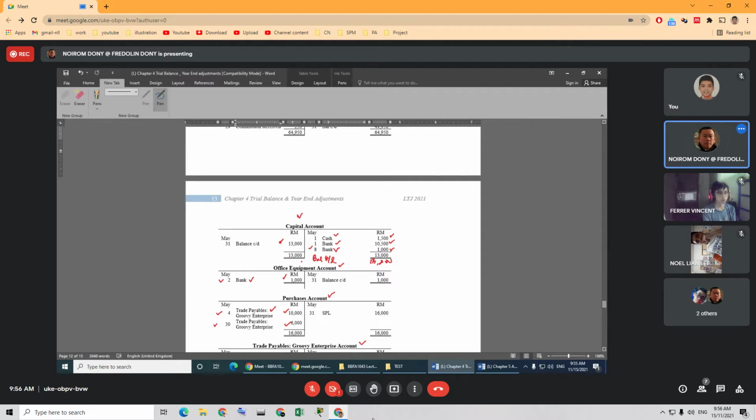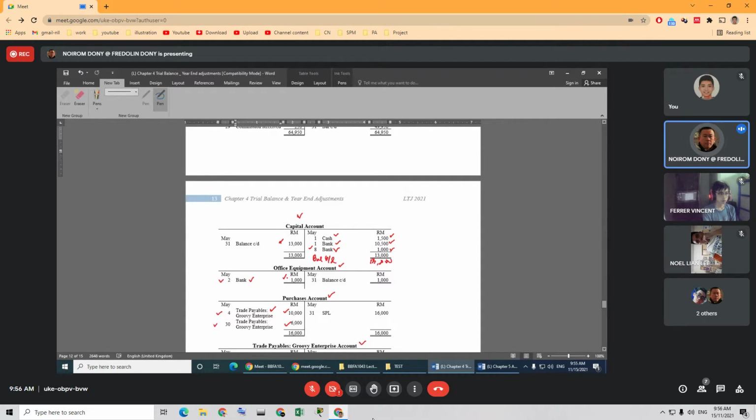Can you get it? Next one, office equipment. Since we only have one entry here, 1,000, we can do the closing in this manner. Underneath we put a double line and balance c/d. Underneath also a double line. It's the same thing as putting it in the total line, but since there is only one entry here, we can do this kind of closing.